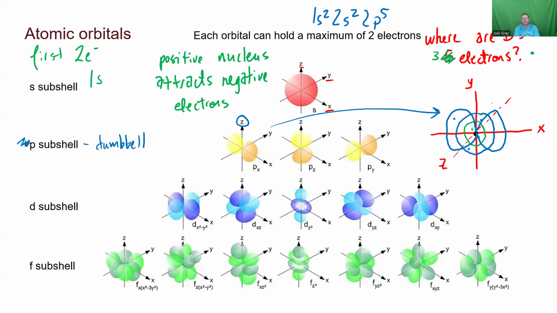People took that and said, okay, well, they came up with what are known as atomic orbitals. This is almost like the blueprint for a house. If electrons live in different rooms in a house, this is the blueprint for that house. These are where those electrons are.